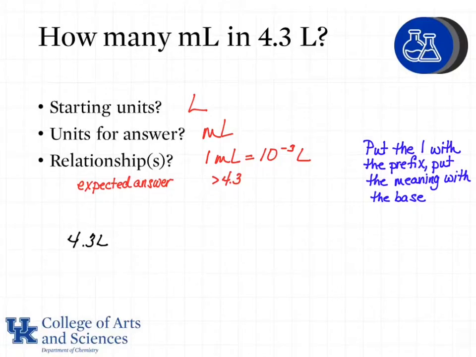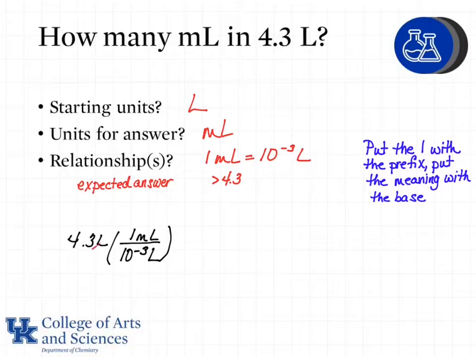Now we're going to set up our problem starting with our given value, 4.3 liters. Notice again, I have units written with my number, and I'm writing out the setup of my problem before I do the calculation. Next, we want to cancel out liters, so I need liters on the bottom, and my relationship that I found had 10 to the minus 3 liters, and on the top I put the 1 milliliter.